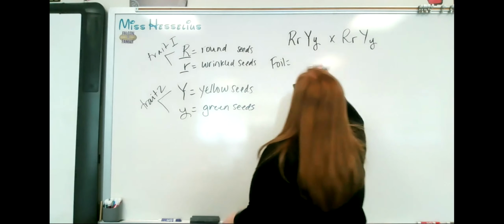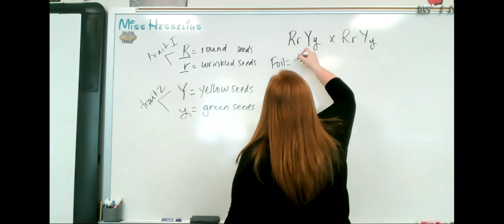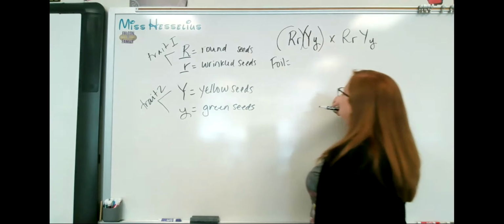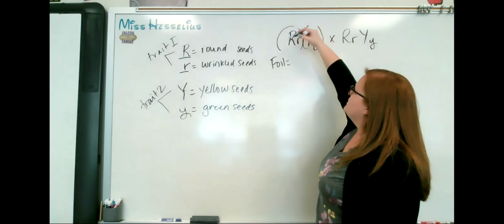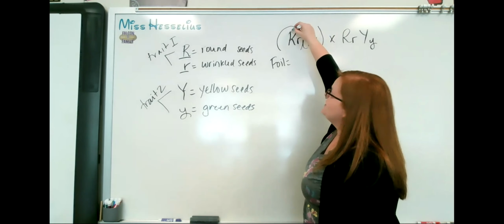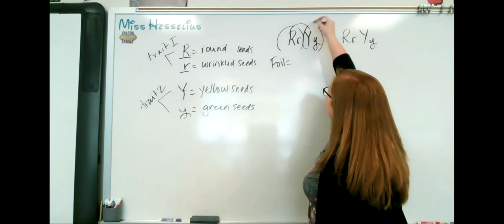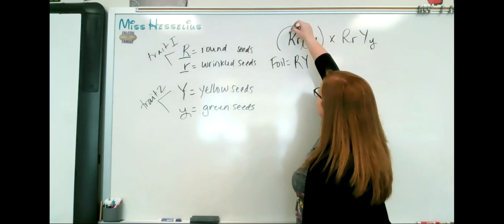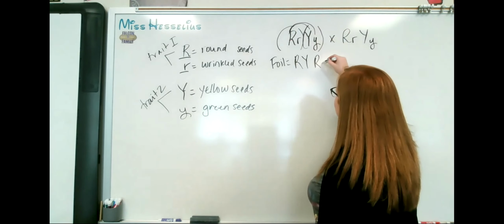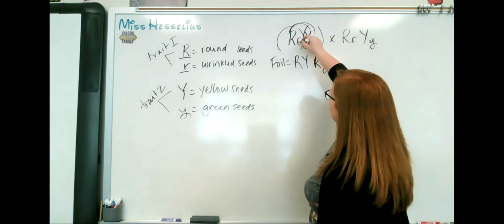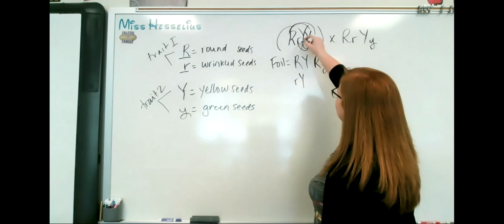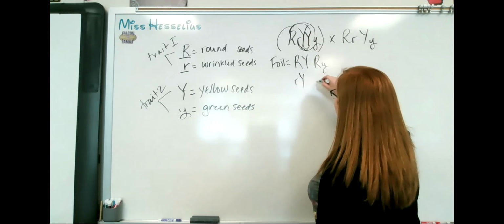When I say FOIL, we're looking for all the possible combinations of their alleles for both traits. They could possibly give their kid big R and big Y, or big R and little y, or little r and big Y, or little r and little y.